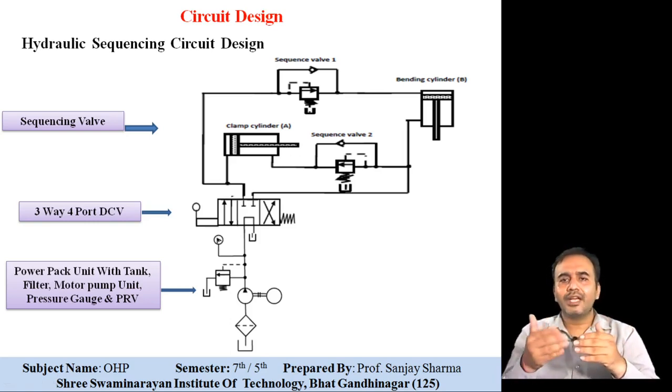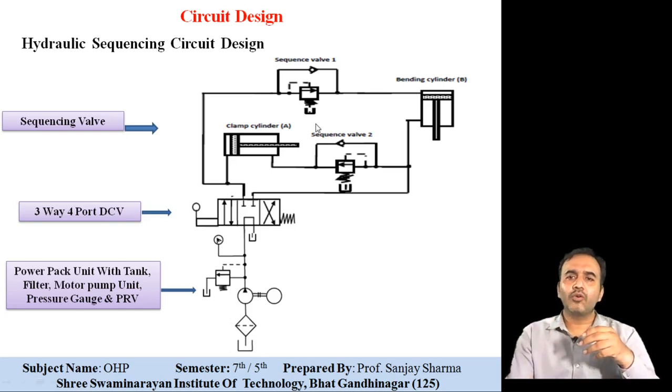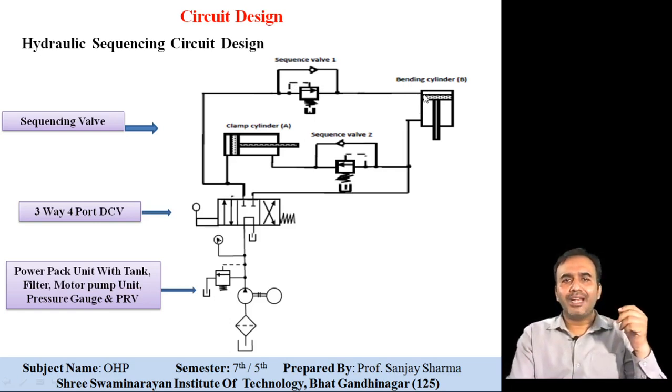More fluid cannot enter. So what will happen is, once the extraction takes place and the pressure is saturated, the flow will take place through this pipe, and as it flows through sequence valve 1, it will start extracting the bending cylinder or drilling cylinder 2.